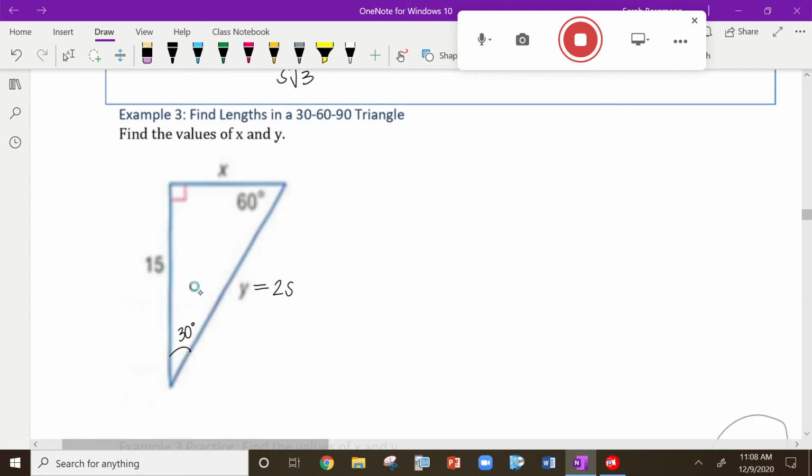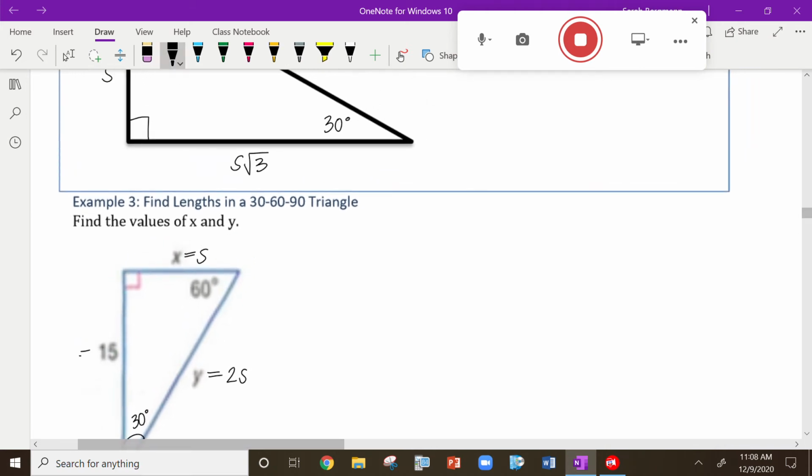So this side has to be equal to s. Similarly, these two sides create my 60-degree angle. The side that's not used is this over here, the one that has a length of 15. Therefore, I know that this side has to be s square root of 3.